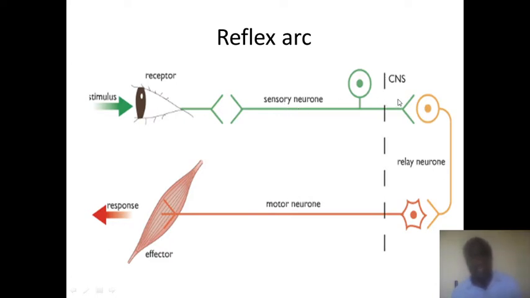Then in the central nervous system we have the relay neurons, which connect the impulse to the motor neurons. Then the motor neurons carry the impulses back to the muscles or effectors that contract and cause a response. So you can see that the movement is in the form of a curve or an arc. That's why we call it a reflex arc.